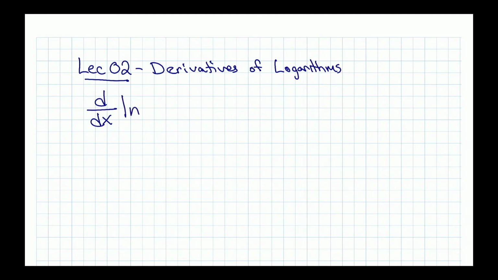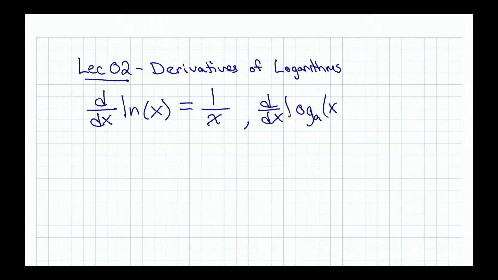The derivative of the natural log of x is just 1 over x. And there you go. The derivative of any other logarithm, log base a of x, is 1 over x ln a.